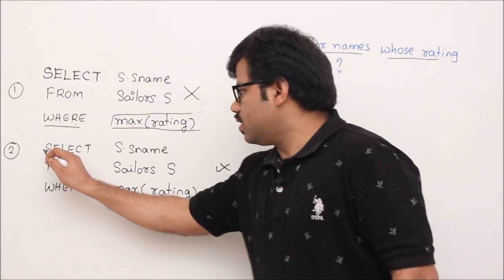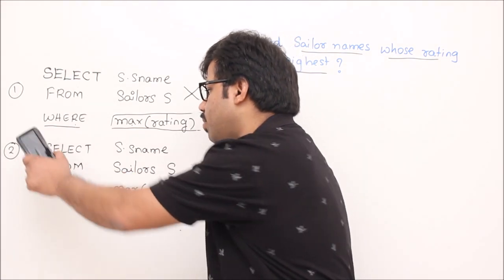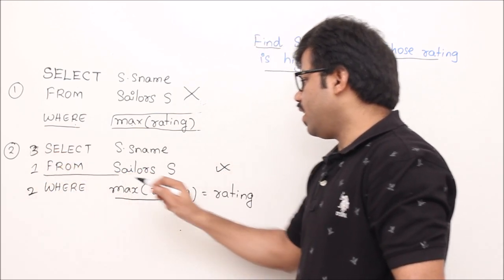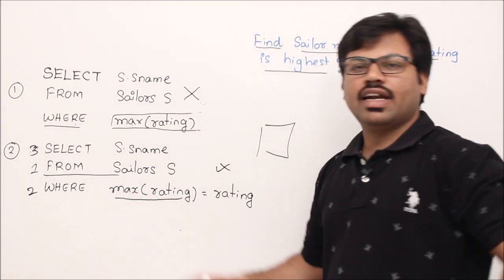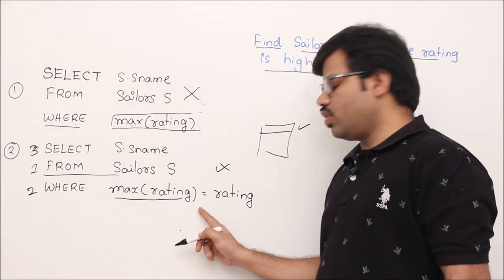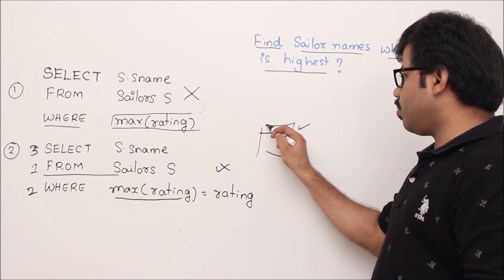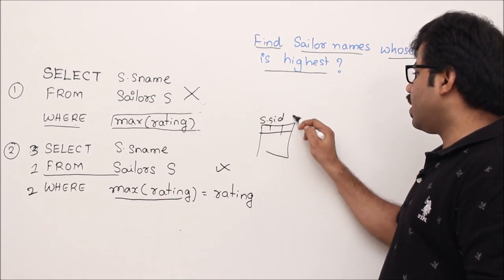This is the way a query will be evaluated, right? Step number 1, then step number 2, then step number 3. When step number 1 is evaluated, the sailor table will be taken. Then in step number 2, the where condition is evaluated for every tuple, right? Every tuple we take and we execute this one. So in a particular tuple, let's say the first tuple, s.sid is 1, his rating is 10.